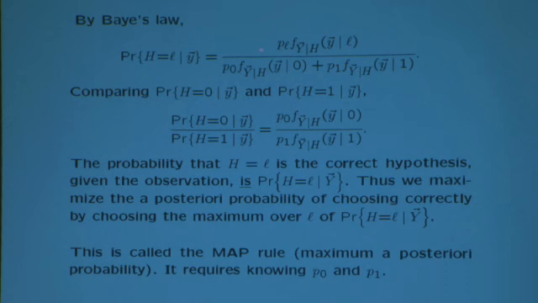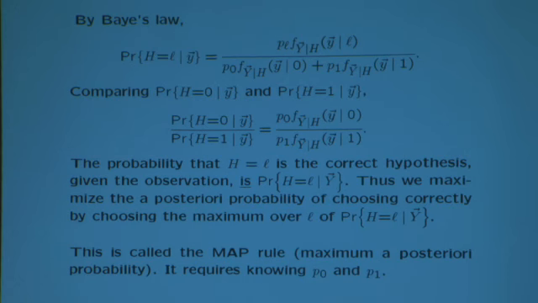It's equal to the a priori probability of that hypothesis times the density of the observation conditional on the hypothesis, divided by just a normalization factor, namely the overall probability of that observation, which is the sum of the probability that 0 is the correct hypothesis times this, plus the probability that 1 is the correct hypothesis times the density given 1.